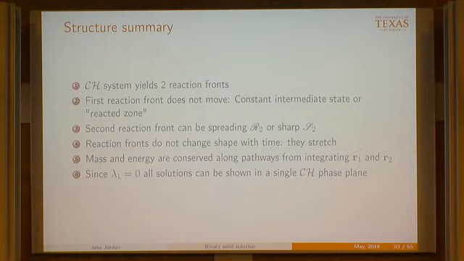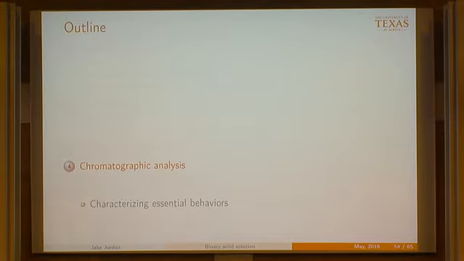And since conveniently we have that zero solution, we can imprint all of the possible solutions and pathways onto one diagram. It can be collapsed. So we're going to use that collapsed phase space to characterize these essential behaviors.